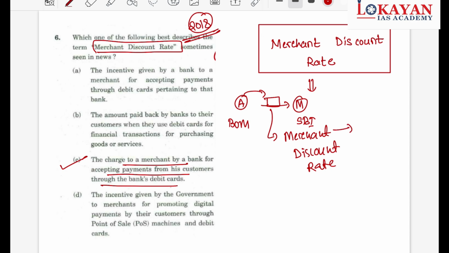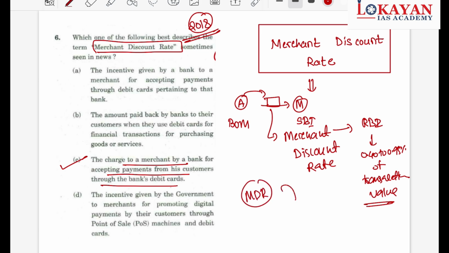This is decided by the Reserve Bank of India, generally 0.40 to 0.95% of transaction value. Okay, so remember this. And this MDR will be deposited into the merchant's bank.